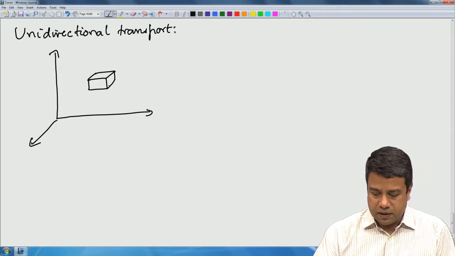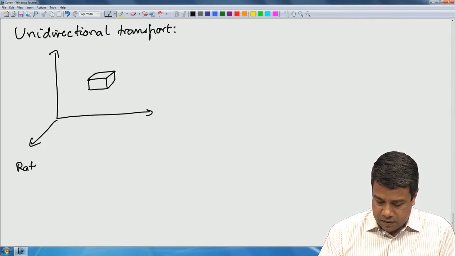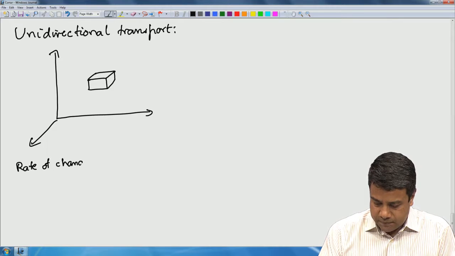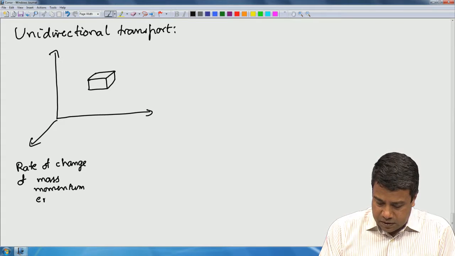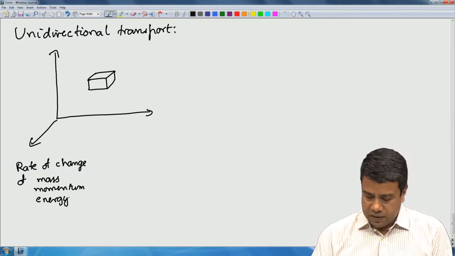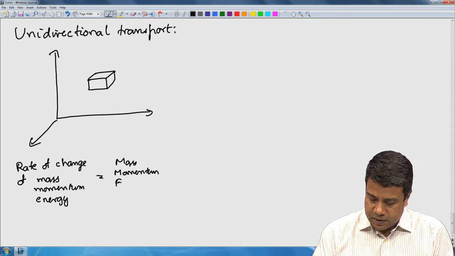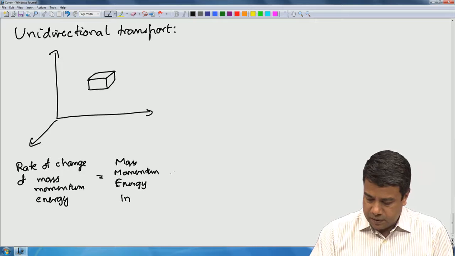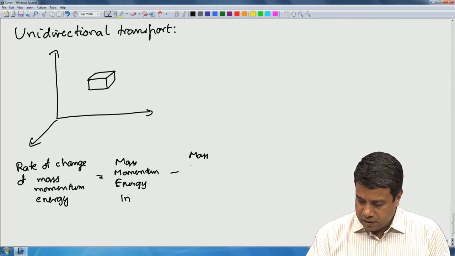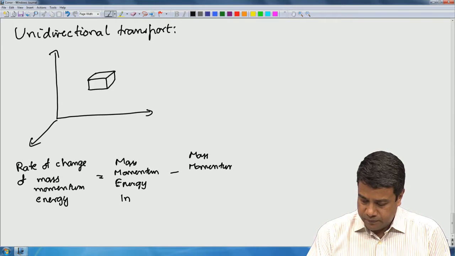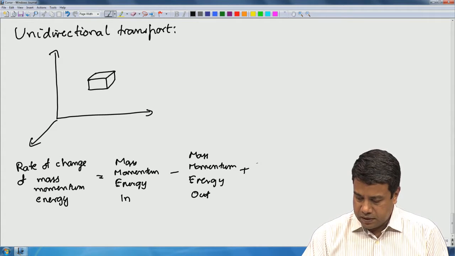What we will try to do is to write a balance equation for a differential volume, where we write the rate of change of mass, momentum and energy within a volume is equal to mass, momentum, energy in, minus mass, momentum, energy out, plus accumulation.